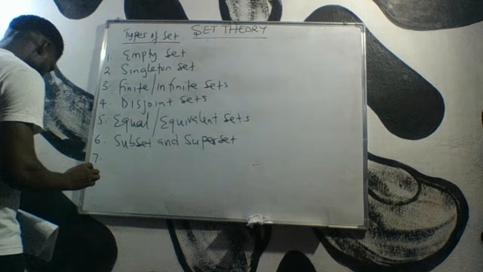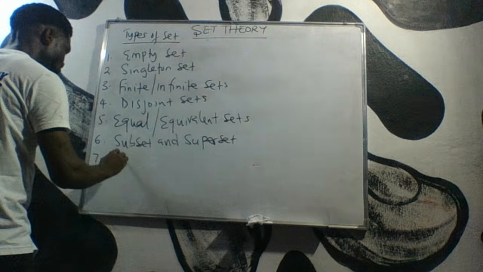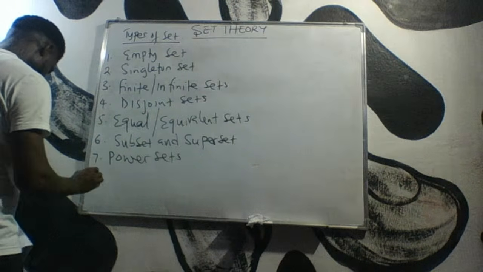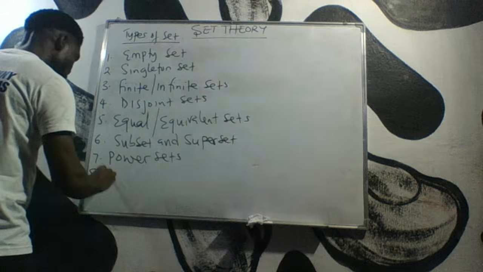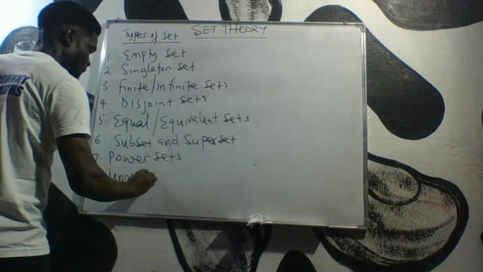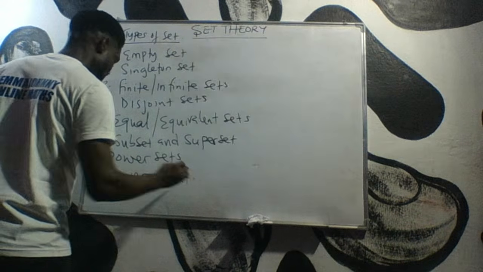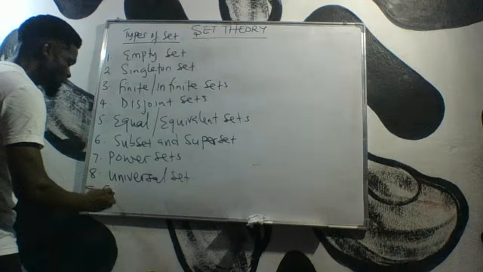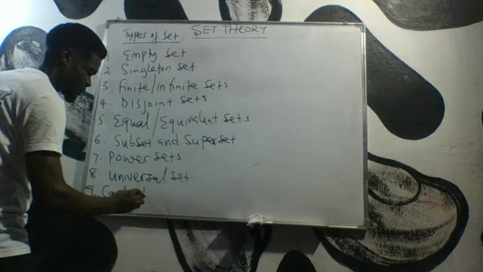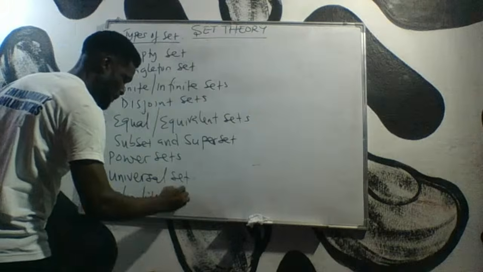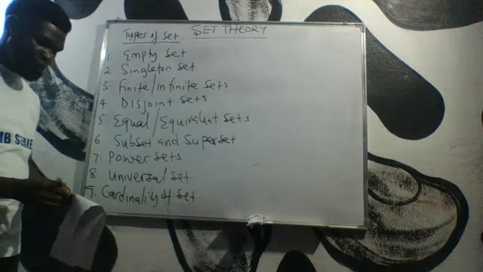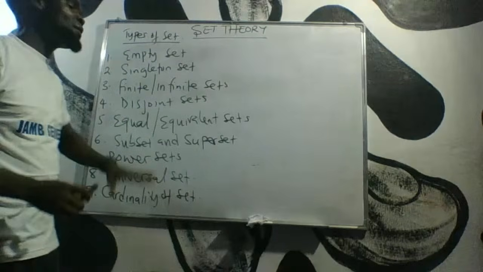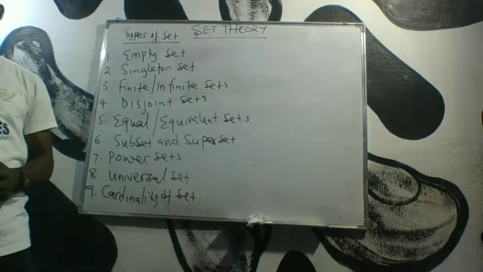Number seven, we have power sets. We have universal sets. But there's also, let me call it, cardinality of sets. So I am going to explain the types of sets briefly.